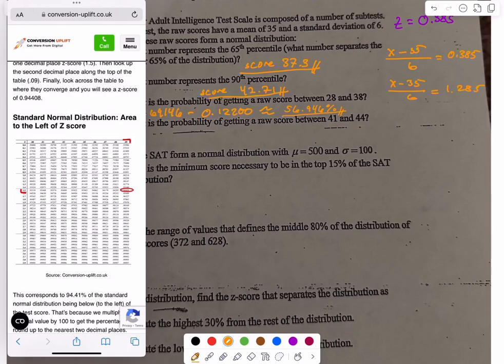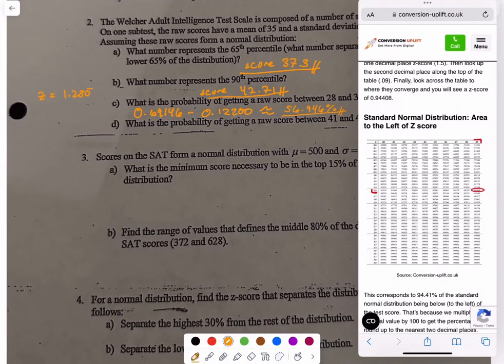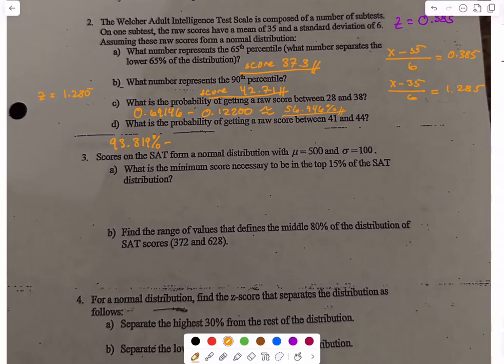Now the 1.5 has a probability of 93.319, and then the z-score of 1 is 84.134.